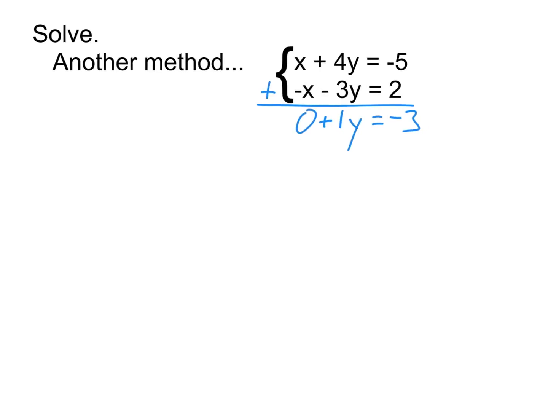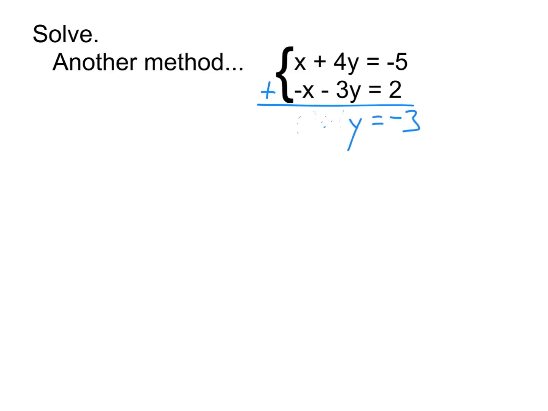Then, what about 1y? Yeah, that's just y, right? So we end up with just y equals negative 3. So when we added these together, all we ended up with was y equals negative 3. That is so much simpler.